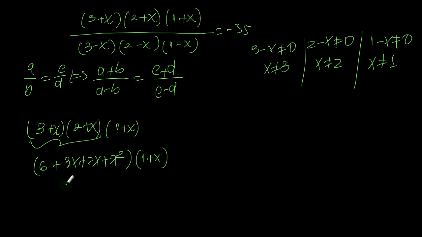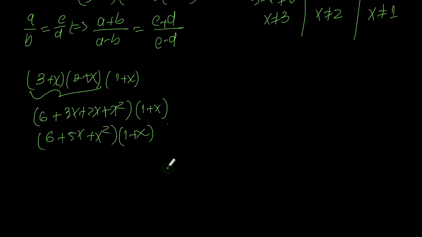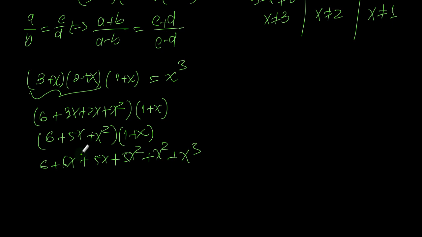So from here we're going to have 6 plus 5x plus x squared, which multiplies 1 plus x, and this product here will be 6 plus 6x plus 5x plus 5x squared, and then plus x squared plus x to the 3. So this one here will bring us x to the 3 plus 6x squared plus 11x plus 6.